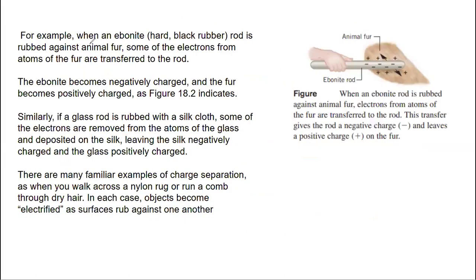For example, when an ebonite rod, which is a hard black rubber rod, as you see in the diagram, is rubbed against animal fur, what would you be expecting? Some of the electrons from the atoms of the fur are transferred to the rod. So from the fur, the electrons are moving towards the ebonite rod.